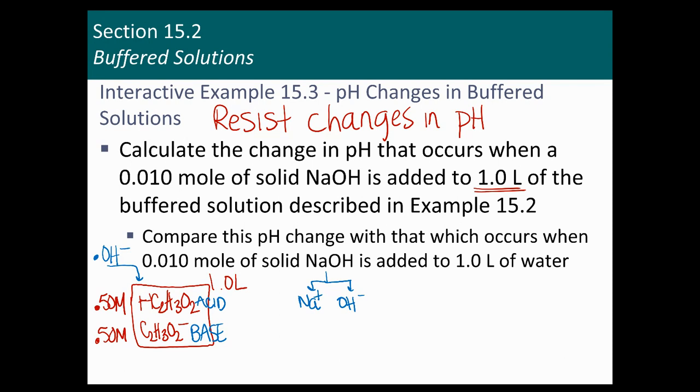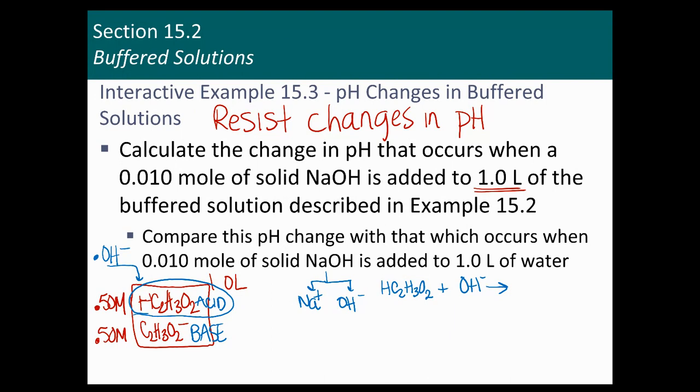And the answer is acids react with bases, period. You've never seen 2 bases react ever. So here is our answer, that acetic acid is going to react with the hydroxide. Now, if you want to write it as NaOH, that's fine.